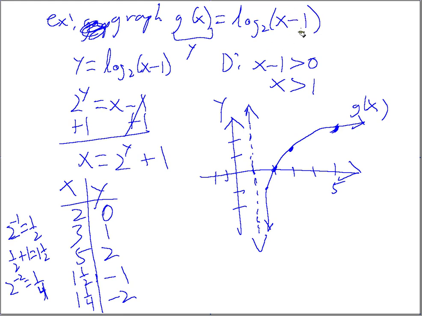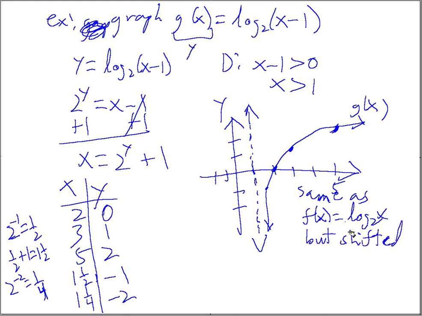When x is replaced by x minus 1, if you recall from an earlier concept, this graph is the same as f of x equal to log base 2 of x we had earlier, but shifted what? 1 to the right. X replaced with x minus 1, you're shifting this 1 to the right. So shifted 1 to the right. So we can apply concepts of translation to these graphs as well.